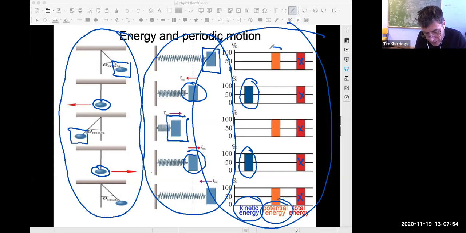That's where the potential energy is highest, here and here. And you've got no kinetic energy. And so you see here that the total energy remains constant, but the two different bands of energy, the kinetic energy and the, what's the other one? Potential energy, they oscillate to and fro.